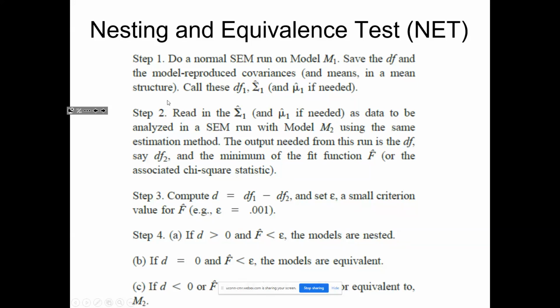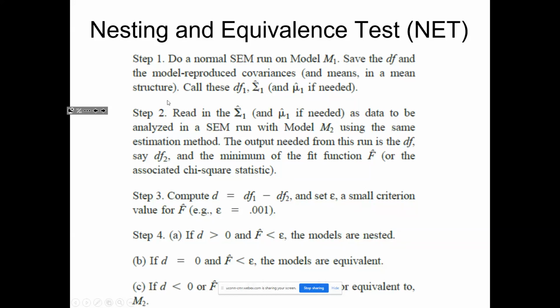And if I really have two models that are nested, then what's going to happen is I'm going to have a change in the degrees of freedom that's positive, right?